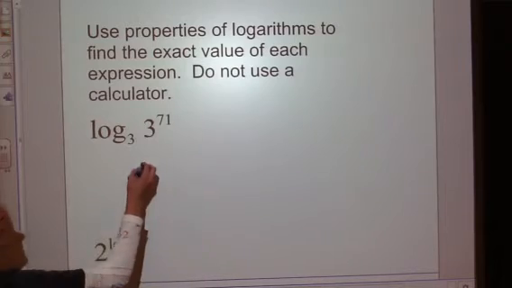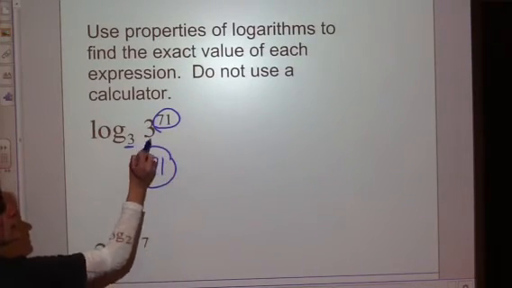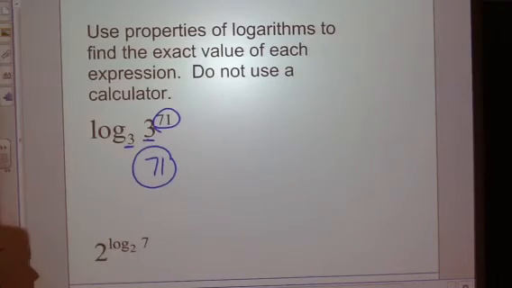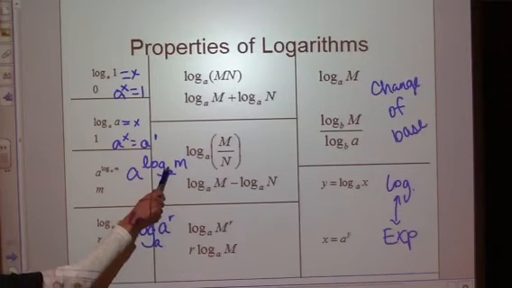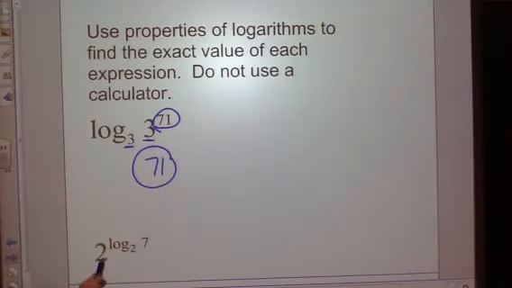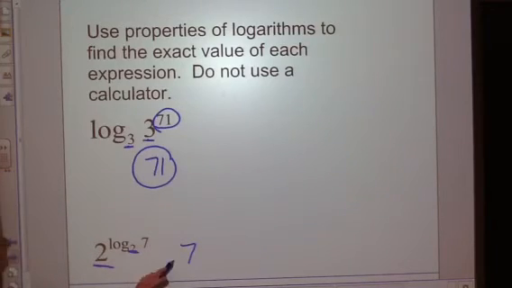And so we are going to get 71 as our answer because the 3's are the same, so you just get your exponent as an answer. Look at that one. You should say you are going to use the third property since your a's are the same. So since the 2's are the same, you're going to get 7 as an answer.